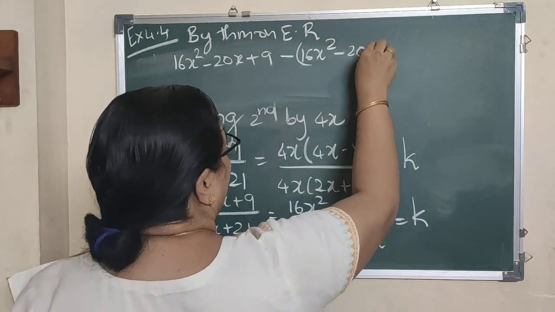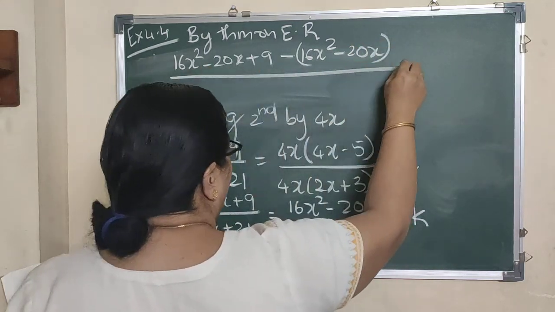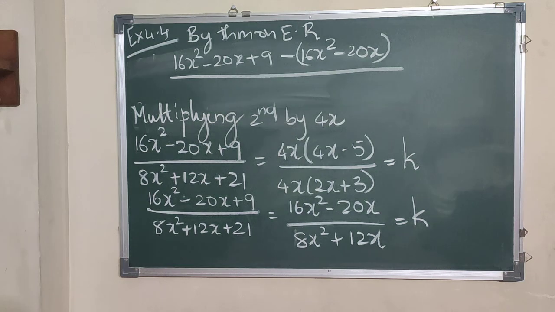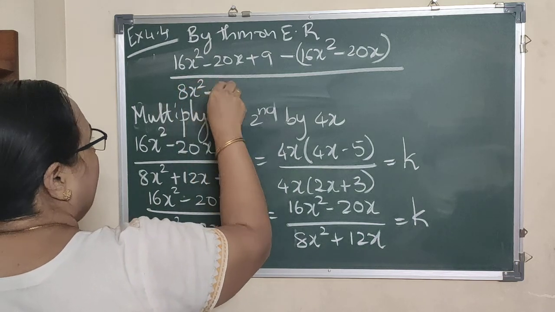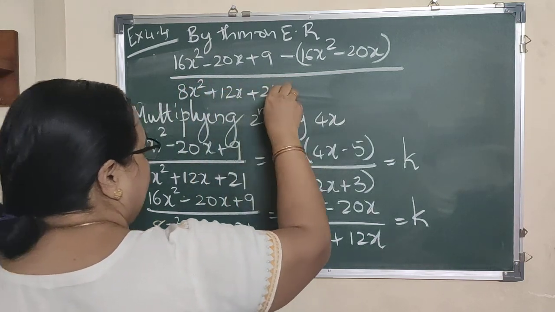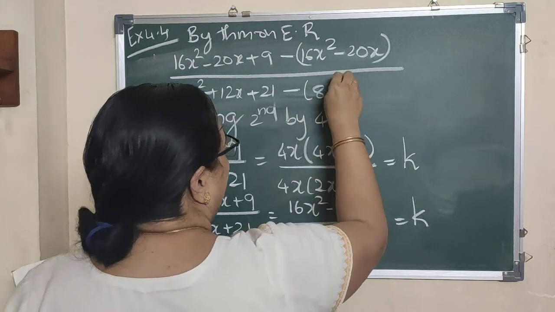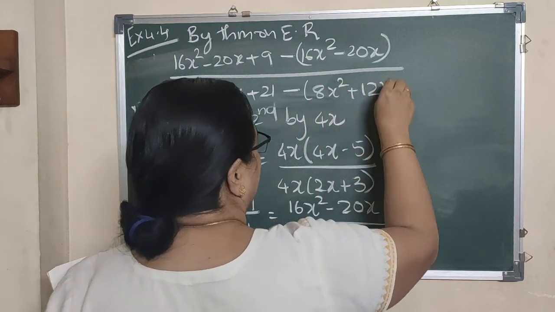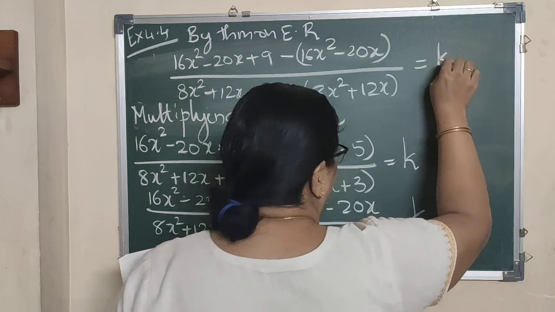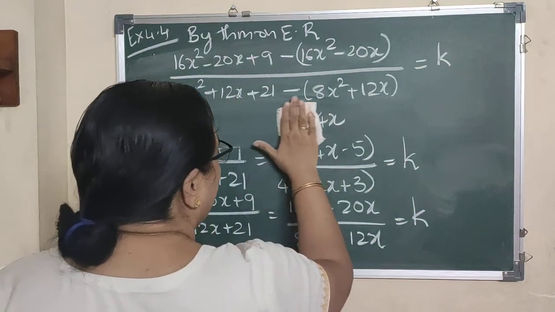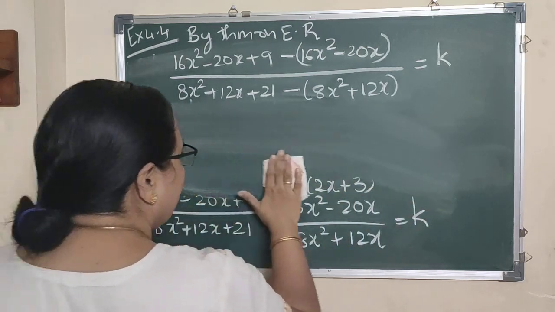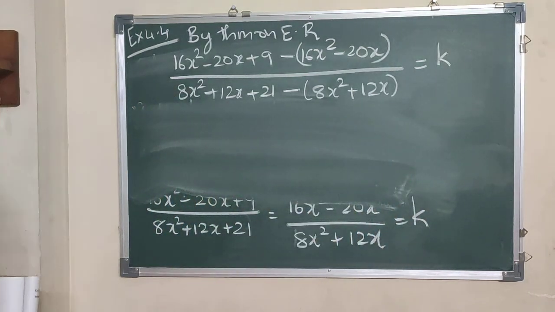Why are we subtracting? Then only you can find the terms get cancelled. Same way here also, 8x squared plus 12x plus 21 minus (8x squared plus 12x). Don't forget the k. As you go further, you can see terms are getting cancelled here now. Correct? The terms which are getting cancelled, before that, open the bracket.